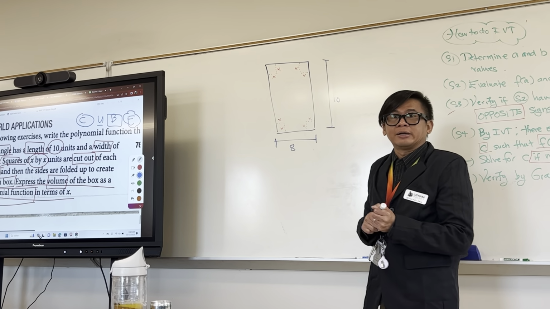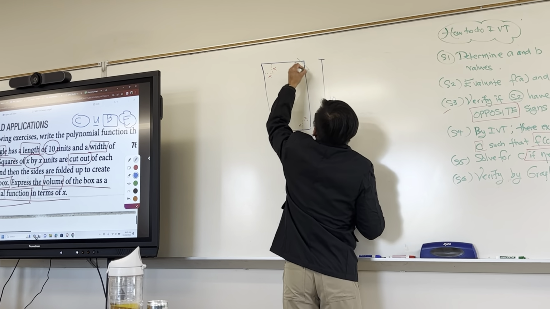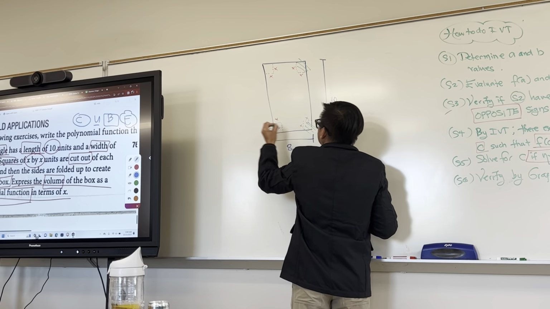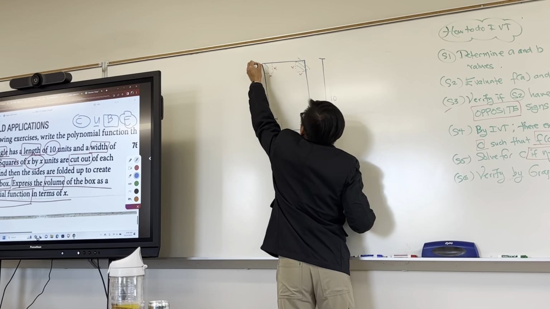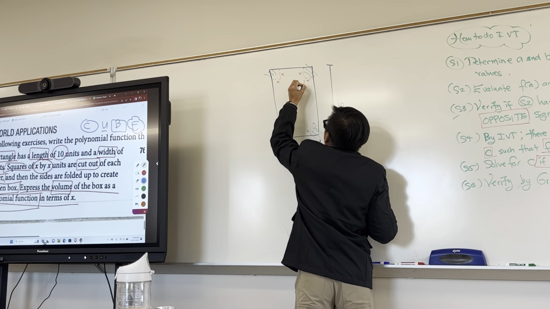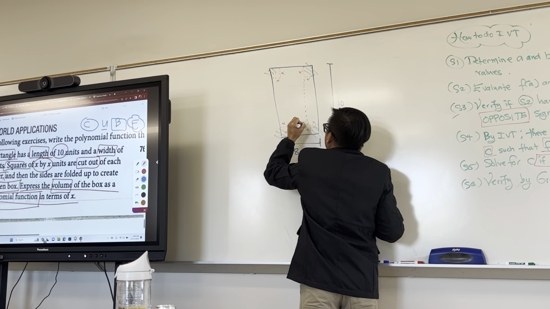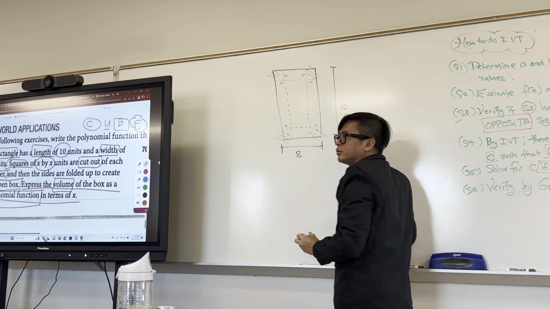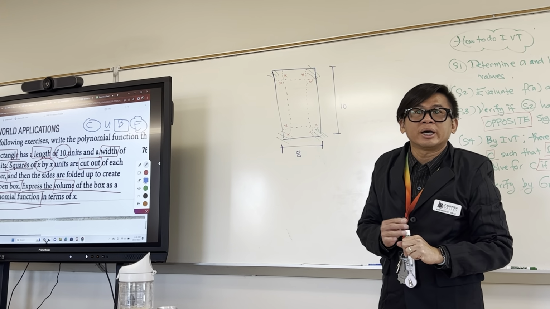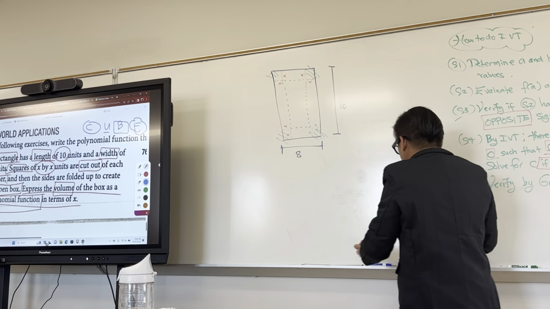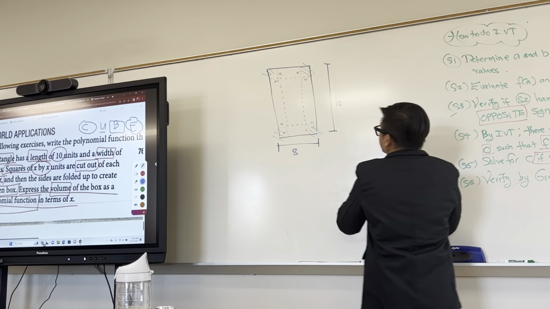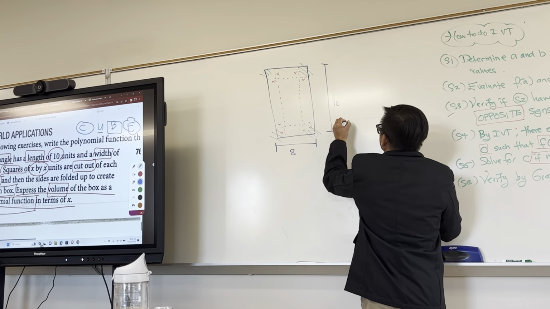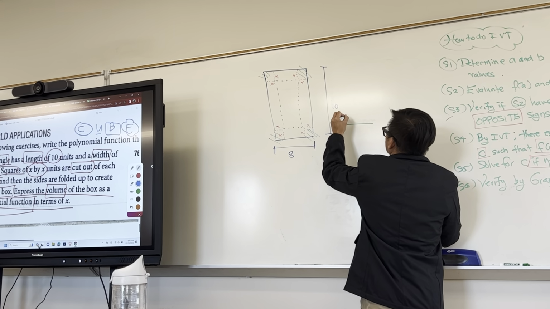Well, they're gonna be gone, right? So this is gone. That means in here you can fold along this fold line. So if you cut along that fold line, how does it look like then? It's gonna look like such.